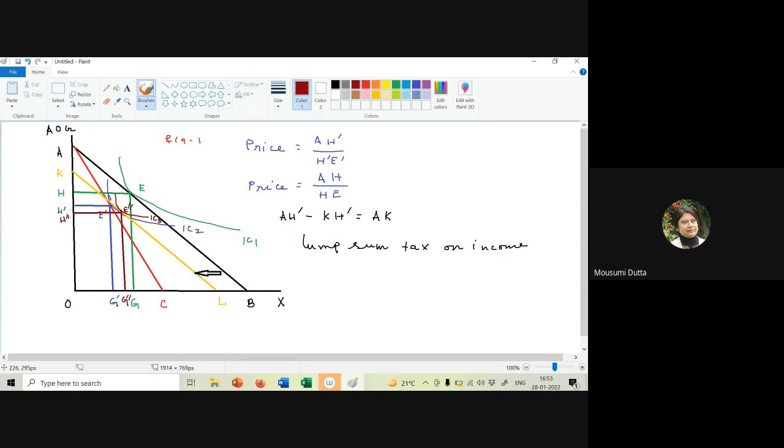The consumer improves the utility level from IC2 to IC3.